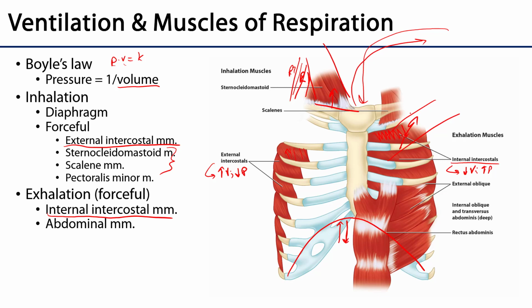So in terms of forceful exhalation, the abdominal muscles. So the various muscles of the abdomen, so rectus abdominis, external abdominal oblique, internal abdominal oblique, and transversus abdominis, can all put pressure on the abdominal cavity.